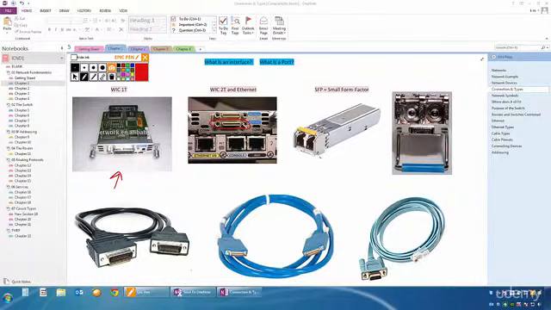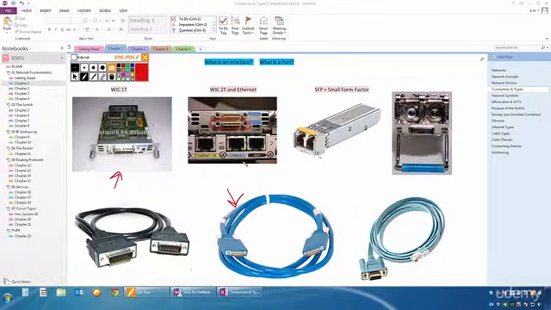That's pretty nice because then when you take this little smaller one, you can push that in the actual module like you would this card, and then you will have two serial interfaces. And this one right here will be the cable that you use. These are called WIC 2T cards.